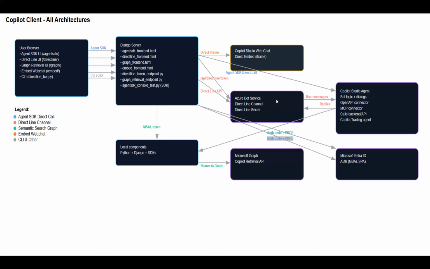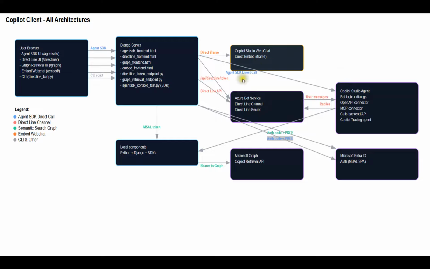It is a service that has been running for a long time in Microsoft infrastructure, and the only thing that we are doing is connecting our agent to the service, and then we can authenticate our local application against the Azure Bot Service. Once we are authenticated, we get a session token, and with this session token we can start to interact with the Copilot Studio agent. The bot service interacts with the Studio agent.